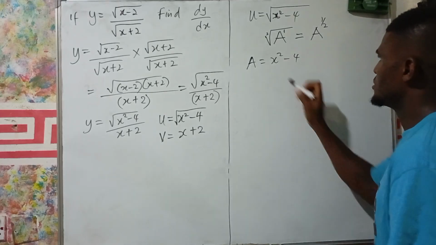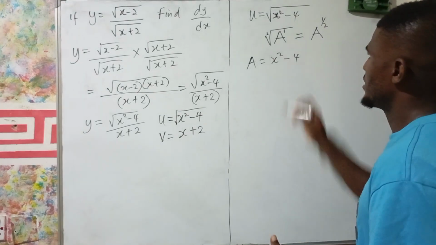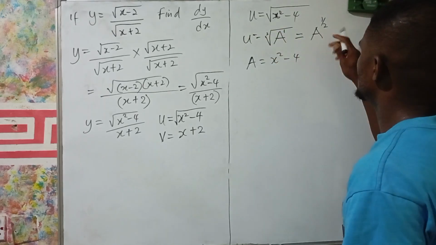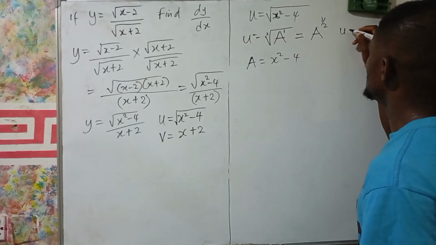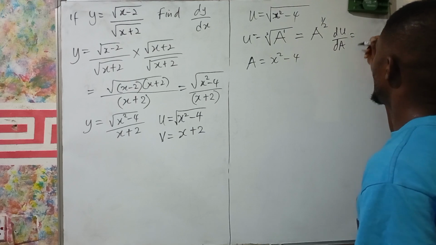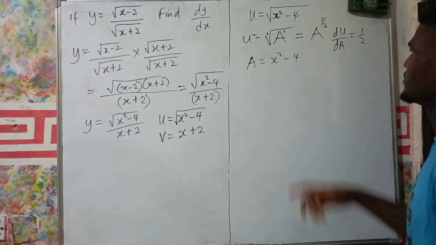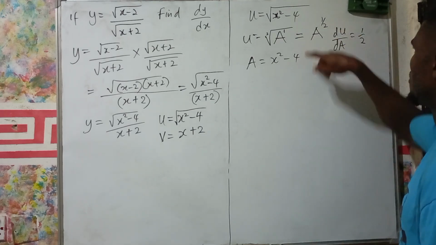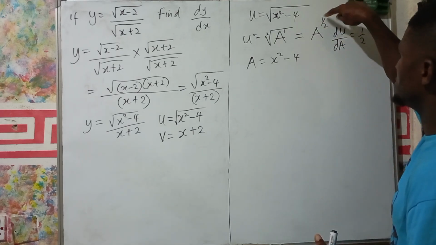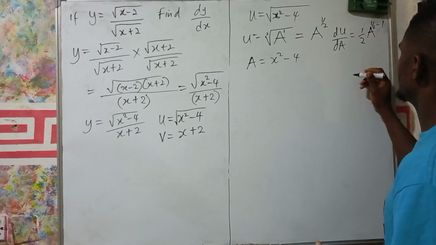Now it is easy to differentiate this and also easy to differentiate this. Now to differentiate this, we'll be differentiating u with respect to a. And that will become 1 over 2, the power comes down. Remember the power rule, the power comes down, and then we reduce the power by 1. So we reduce the power 1 over 2 by 1.